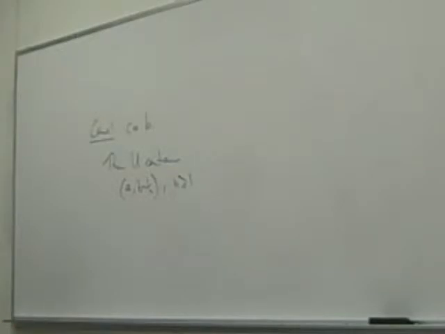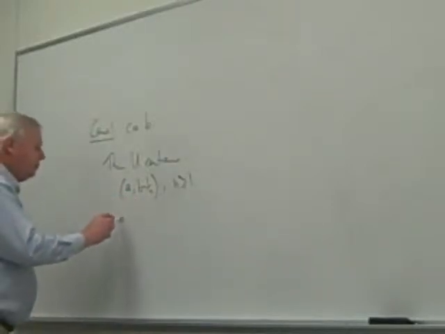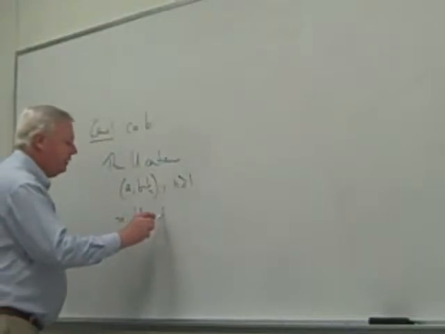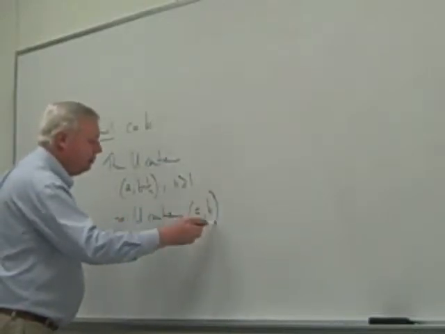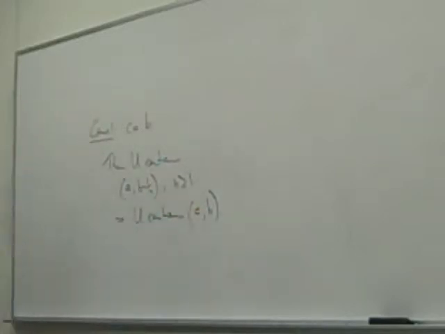And since it's an open set, it's going to contain the union of these. So U contains the open interval A to B.